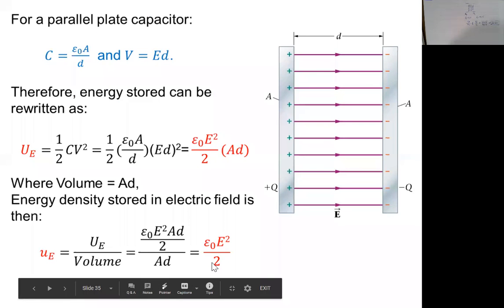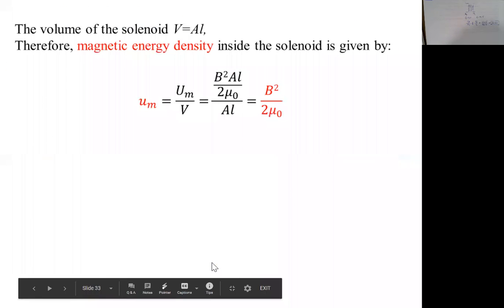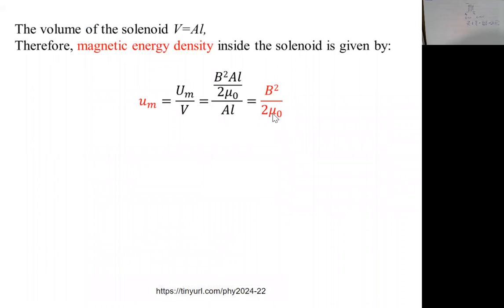Which is similar to this guy here, just that this has mu naught in the denominator, while the other one has epsilon naught in the numerator. So basically, the energy stored in the magnetic field is proportional to its field strength squared, and the same for the energy stored in the electric field, which is proportional to the electric field strength squared.